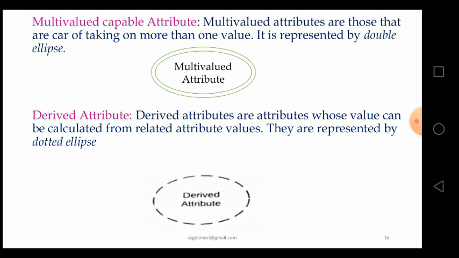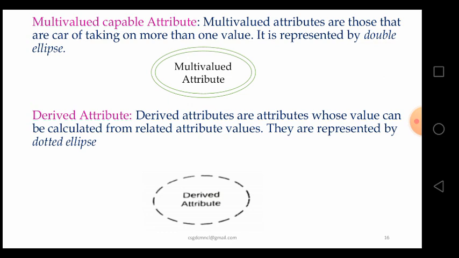It is represented by a double ellipse. Derived attributes are attributes whose value can be calculated from related attribute values.